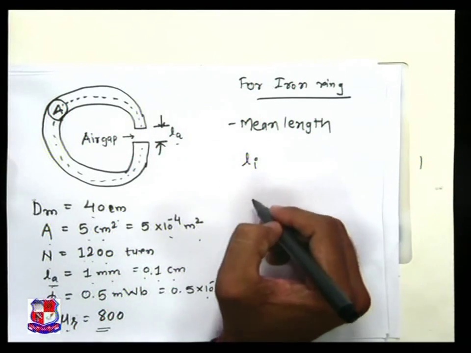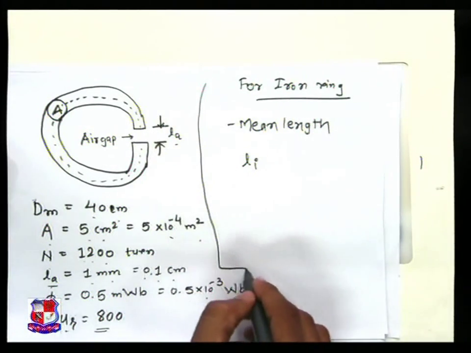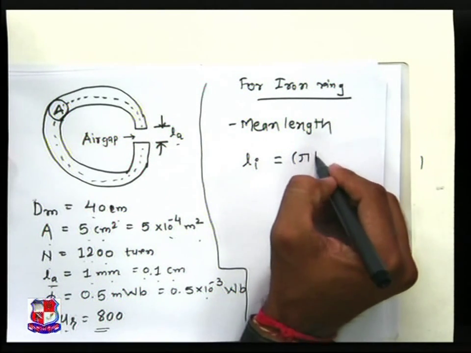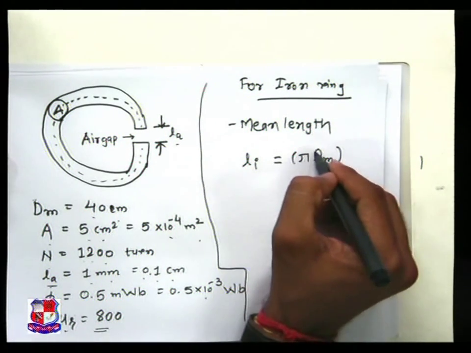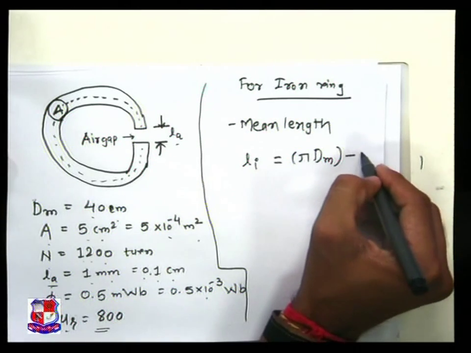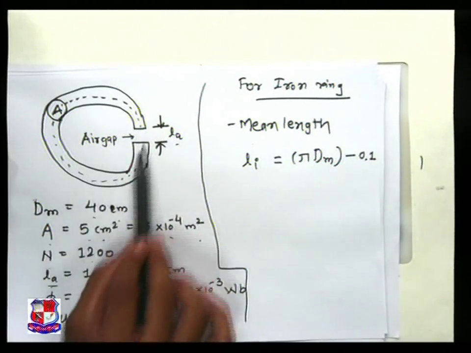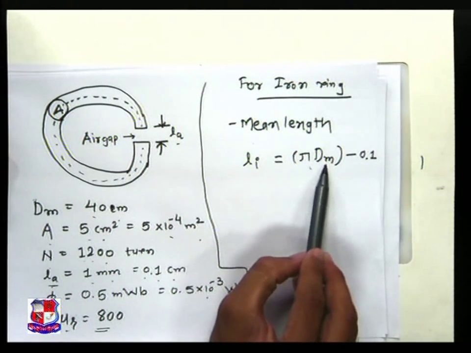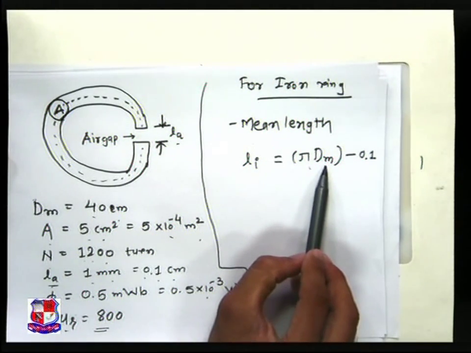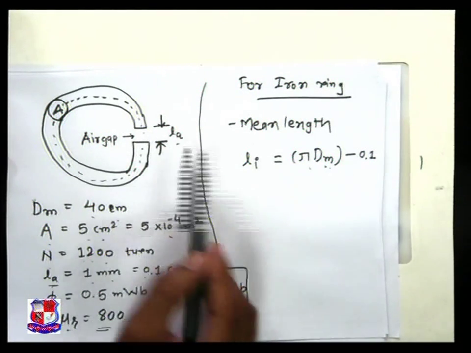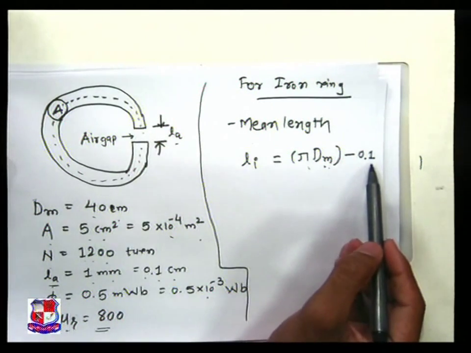Length of the iron ring is equal to pi dm minus 0.1. See, the total mean length is given by pi into dm, that means core diameter, but there is an air gap of 0.1 centimeter.